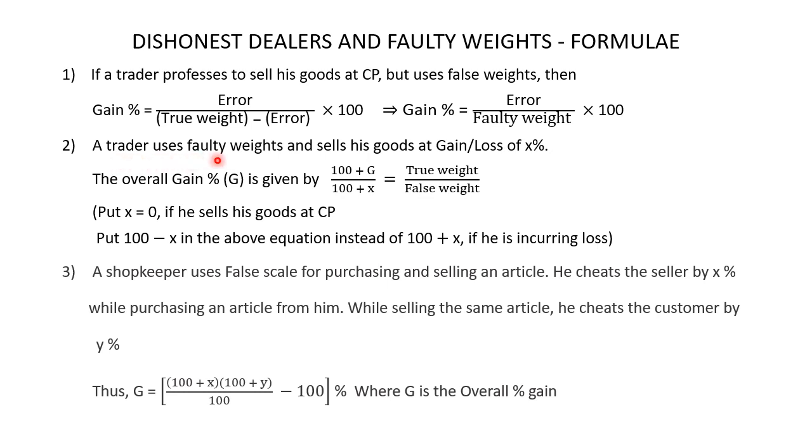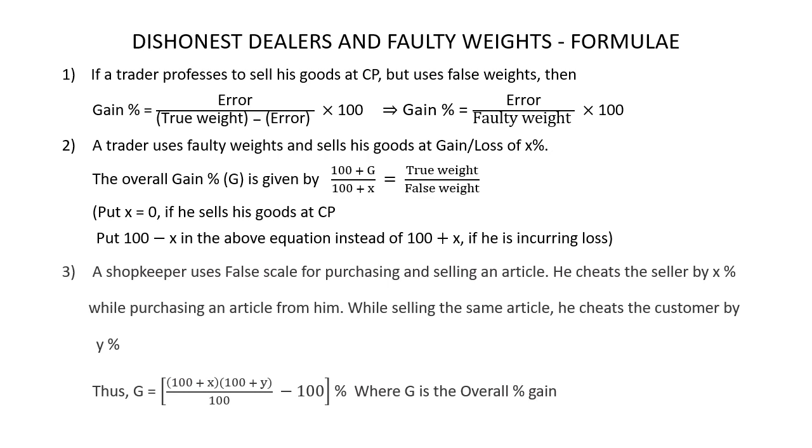A trader uses faulty weights and sells his goods at a gain or loss of X percent. Then the overall gain percent G is given by 100 plus G divided by 100 plus X is equal to true weight divided by false weight. Now here G is the overall gain percent and X is gain or loss percent.